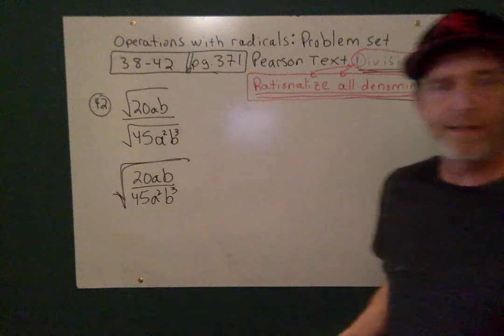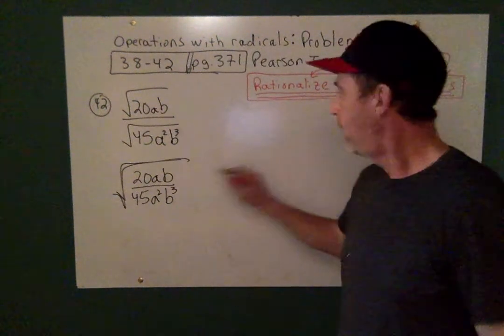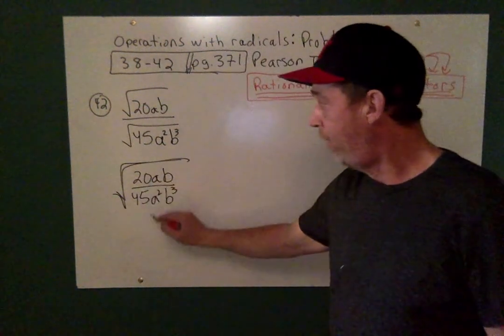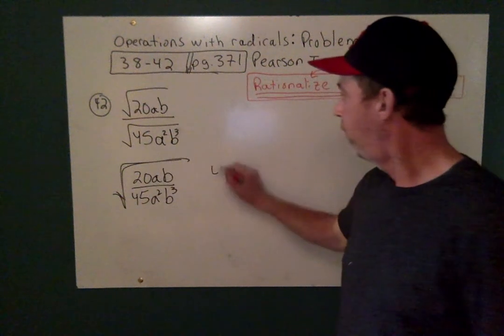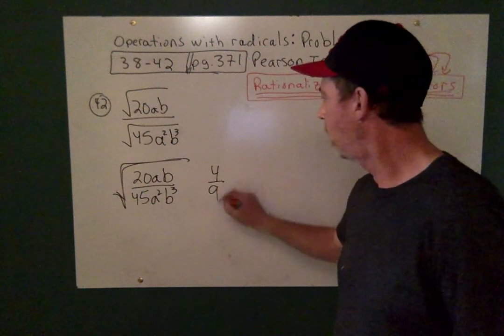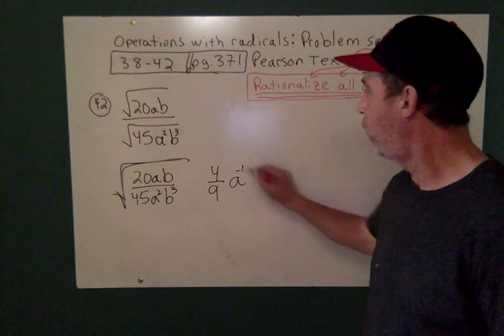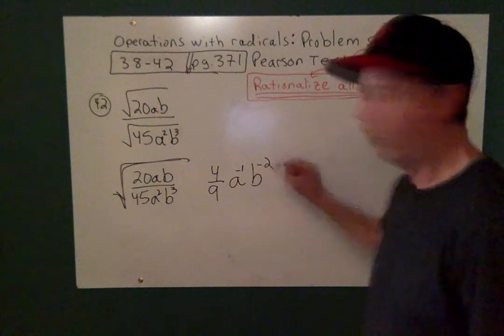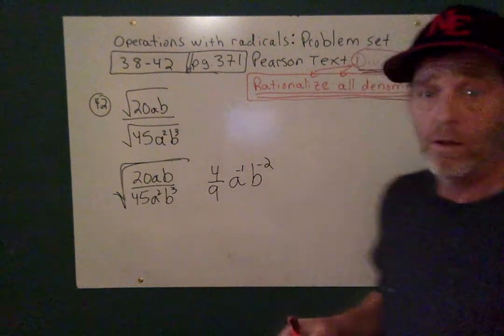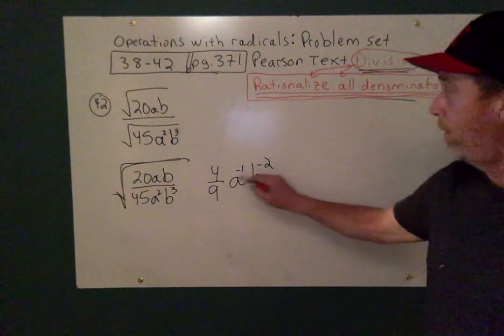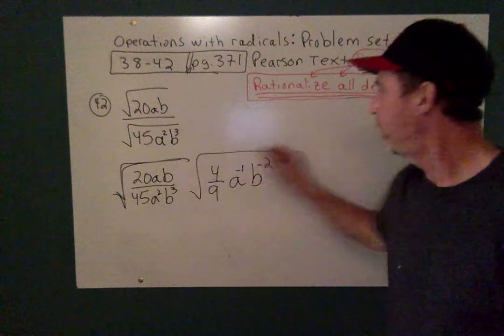Okay, now I'm going to write this as bases. If I divide them both by 5, I would end up with 4 over 9, and then for the variables, a to the negative 1, b to the negative 2. Okay, it's all under the square root.